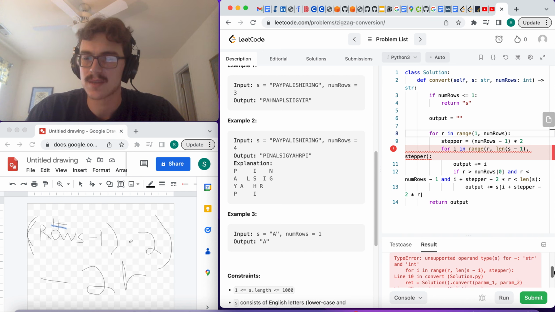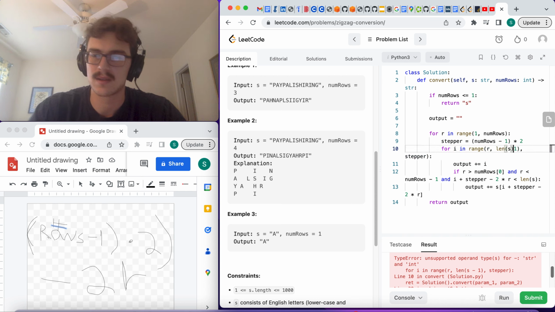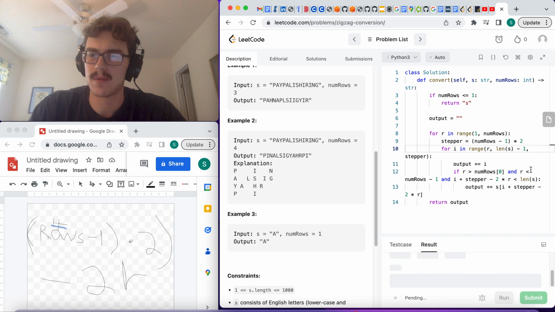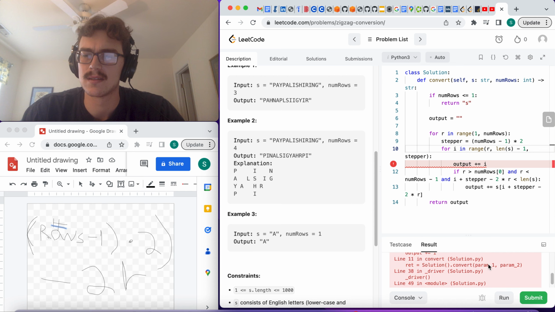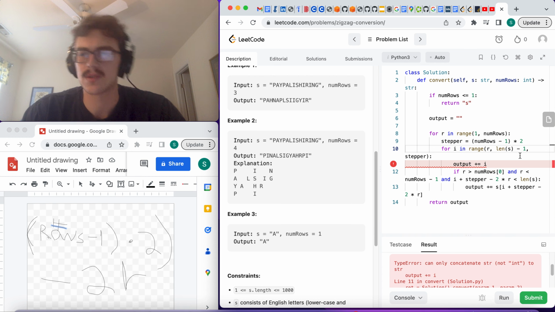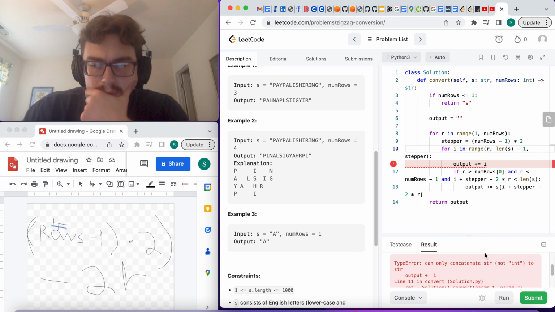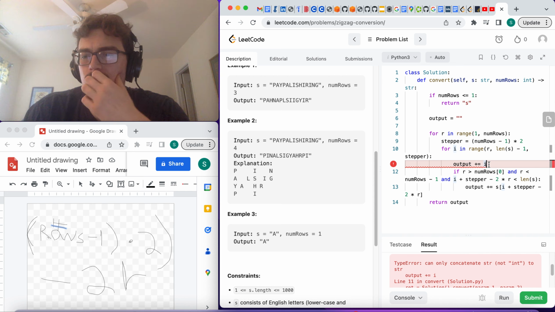Int s minus. Let's see, do we have to put the -1 on the outside? Maybe. Only concatenate string, not int, to string. Oh, so that works. Okay. So output. Oh yeah, because I is right. Okay, that makes sense.